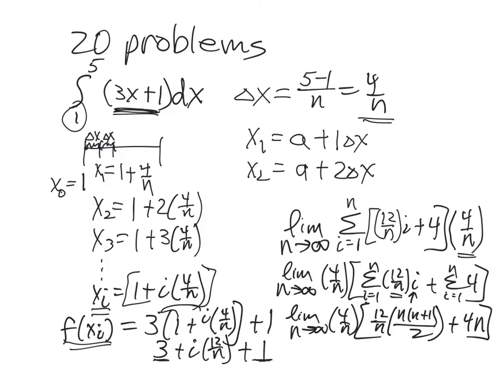But this first part, n divided by n, we can get rid of that. We'd have 12 divided by 2 would be 6. So that part right there, we still have the n plus 1. So 6n plus 6 plus the 4n. Now that's still all times 4 over n.